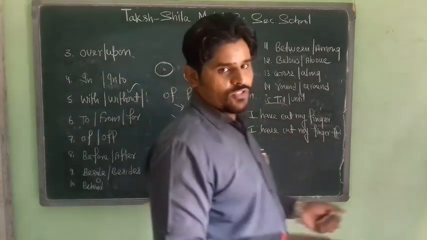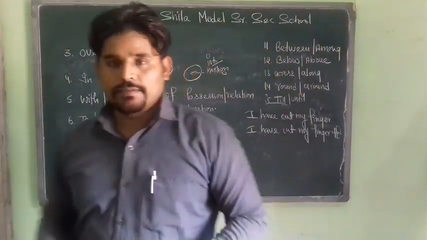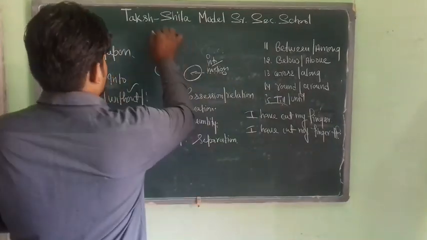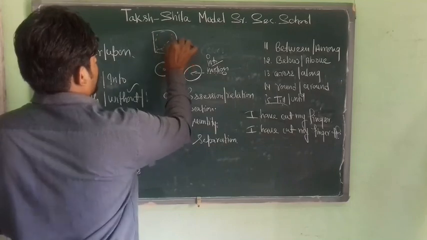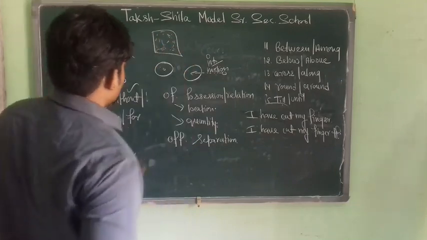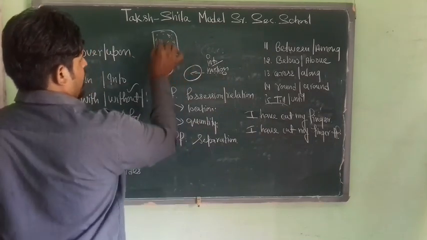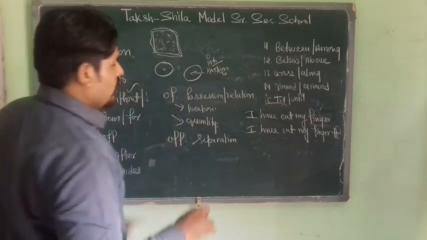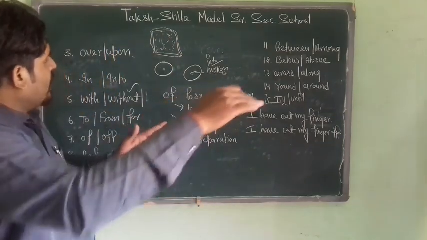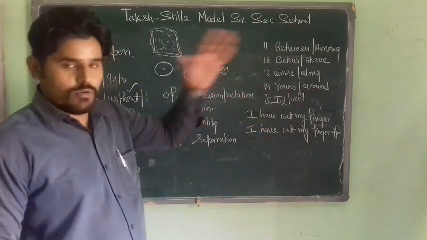Then there is across and along. Across and along both show the location. Across is used when this is an area and we are talking about each and every aspect, means moving across everything. So we use across, right? Whereas along means this is an area and the thing is just moving along the line, means moving by the line means along, and moving all throughout something means across, right?